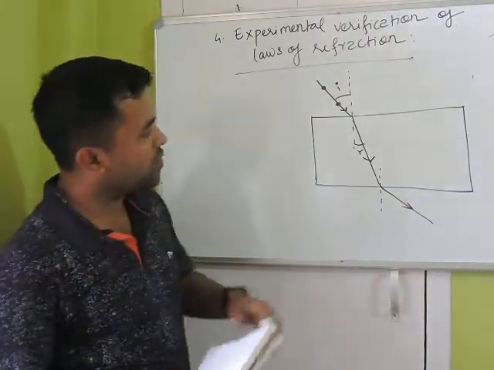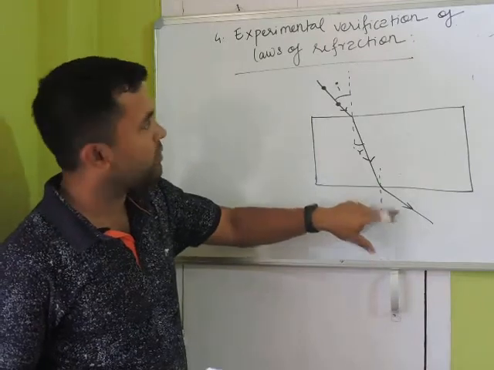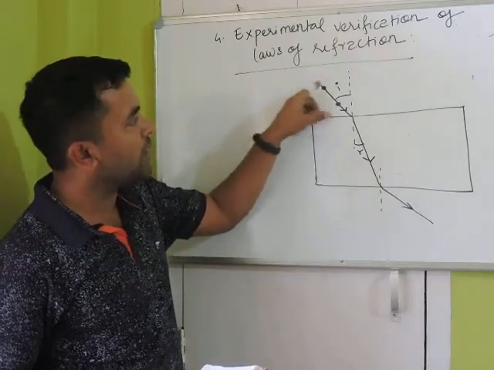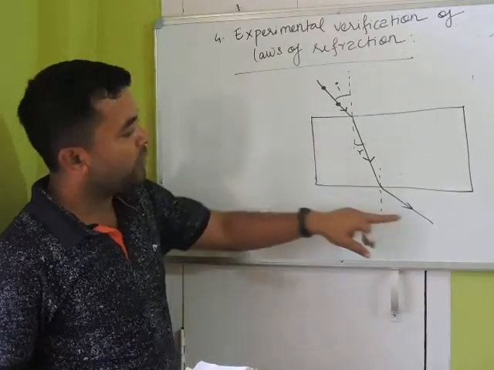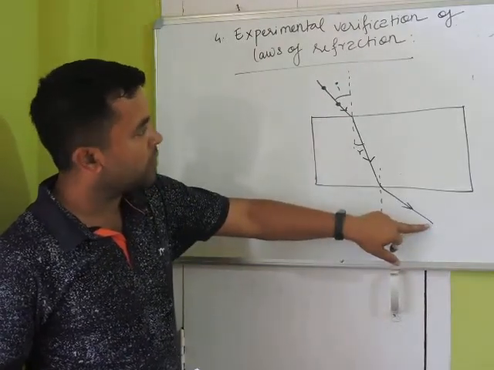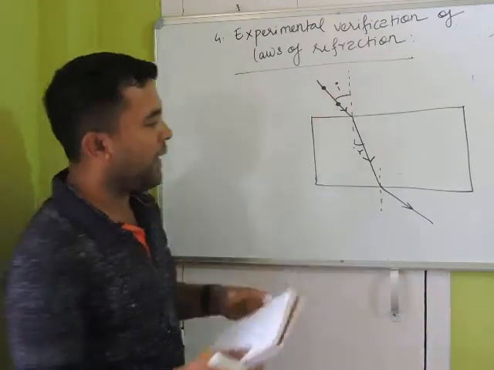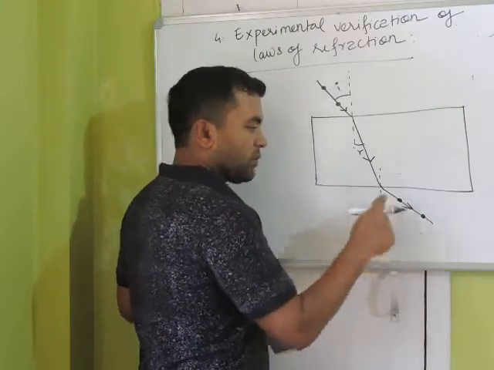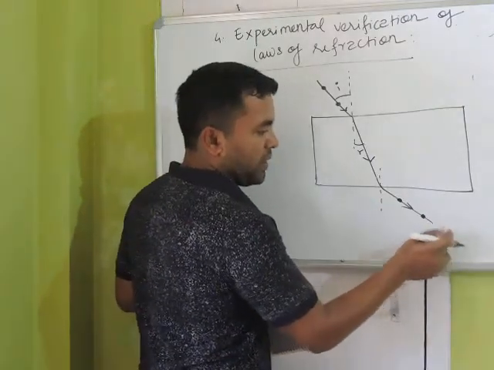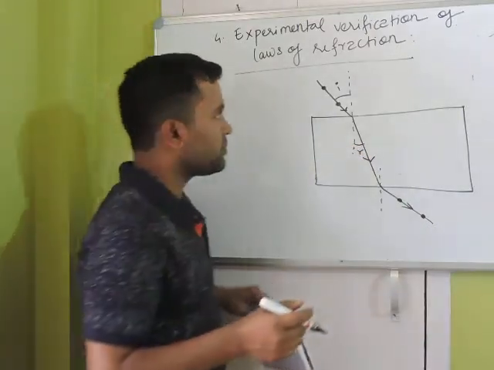So how do we actually do it? We see from this side, we put 2 pins here and put a circle around them, and we draw the incident ray. Looking from this side, we'll see where this pin is appearing, and there we'll put 2 pins. Then we'll complete this ray diagram, right?